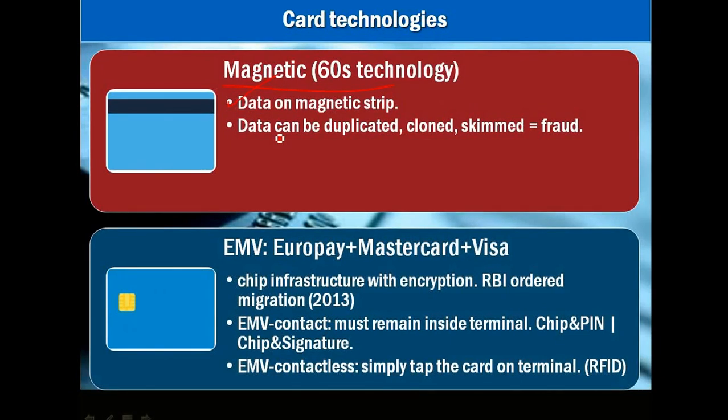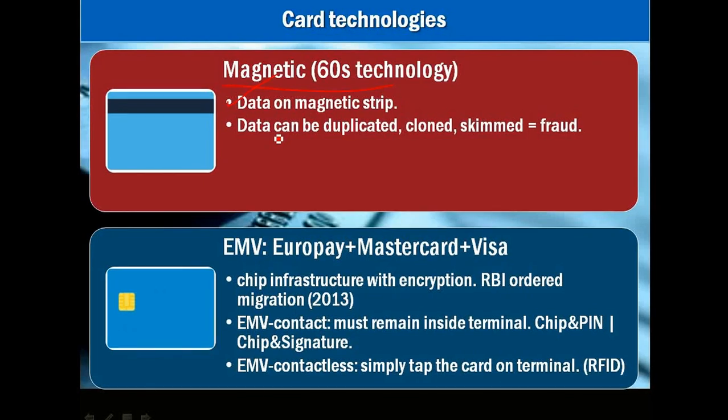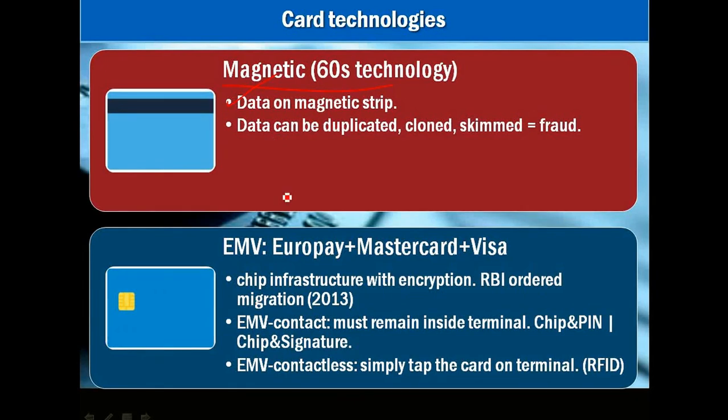Who can issue these cards? The proprietary, the bank itself, and the bank uses card payment services such as Master, Visa, RuPay. So the bank gets this franchise to use these services.